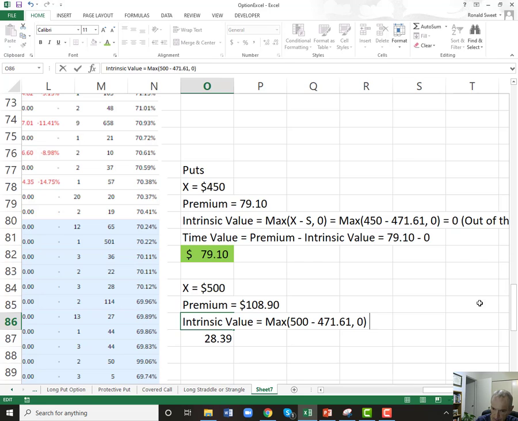And that equals the intrinsic value 28.39. And so the time value is going to equal the premium 108.90 minus the intrinsic value 28.39.